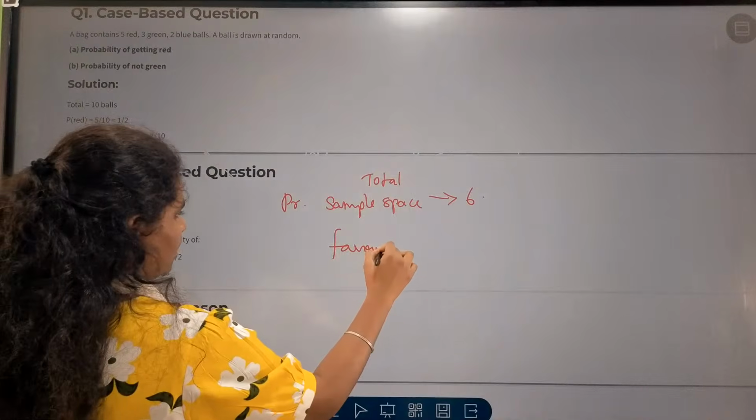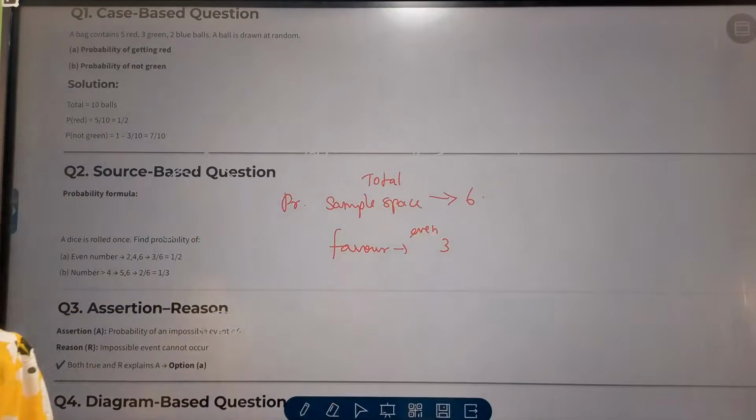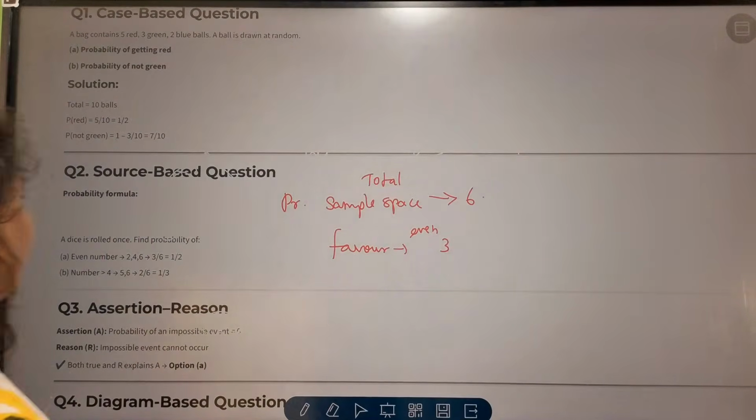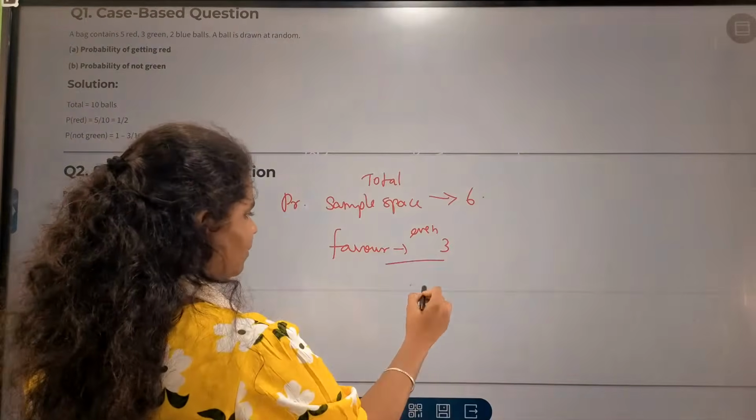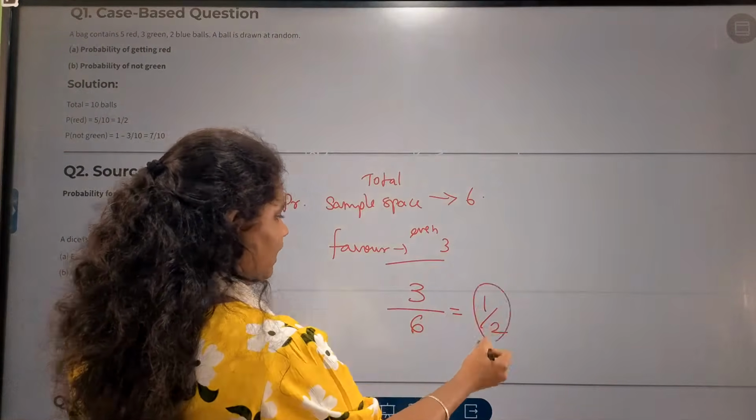So 3 by 6 is 1 by 2. Very good, favorable cases divided by total sample space, 1 by 2, is the answer.